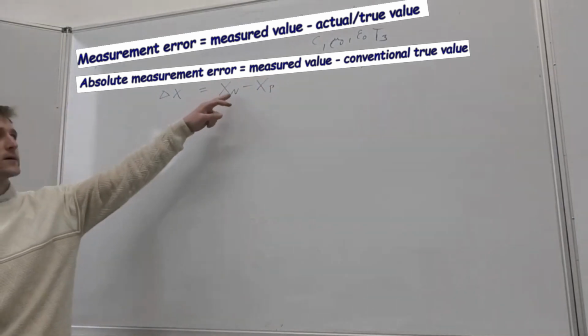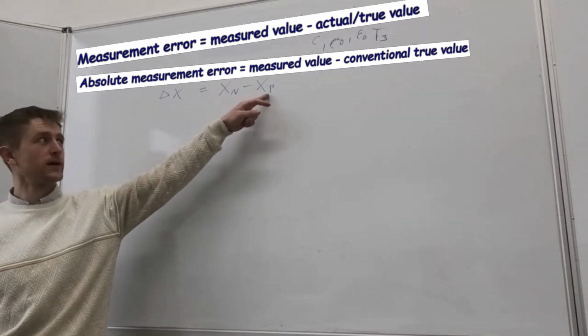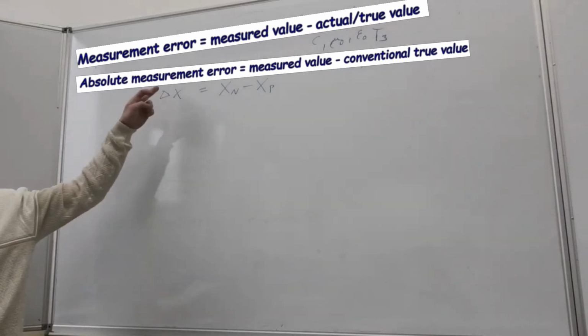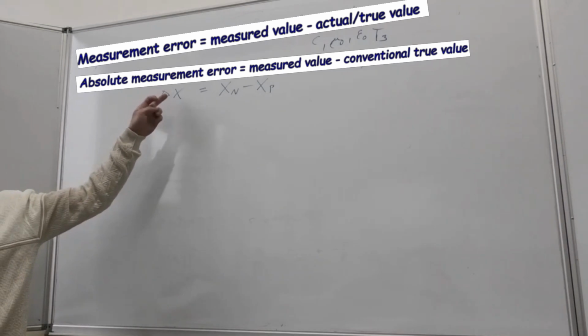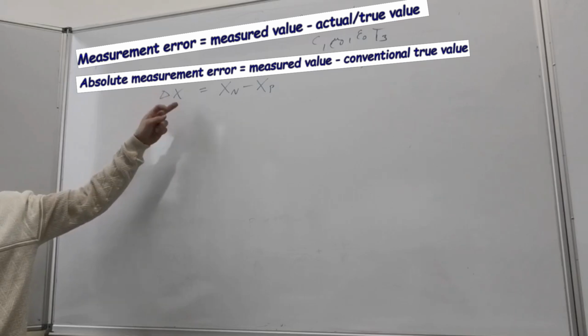Here, x of n means measured value, and x of p means true value, or conventionally true value. This is the absolute measurement error. X stands for some directly measured quantity. If I were to directly measure length, it would be L. If I were to directly measure volume, it would be V instead of X.